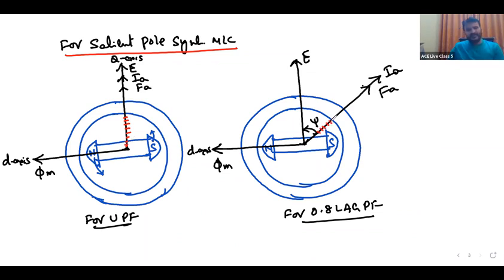FA offers less reluctance for 0.8 lagging power factor, more for unity power factor. Like that, as the power factor changes, as phi changes, psi also changes, and as psi changes FA will find different air gaps.